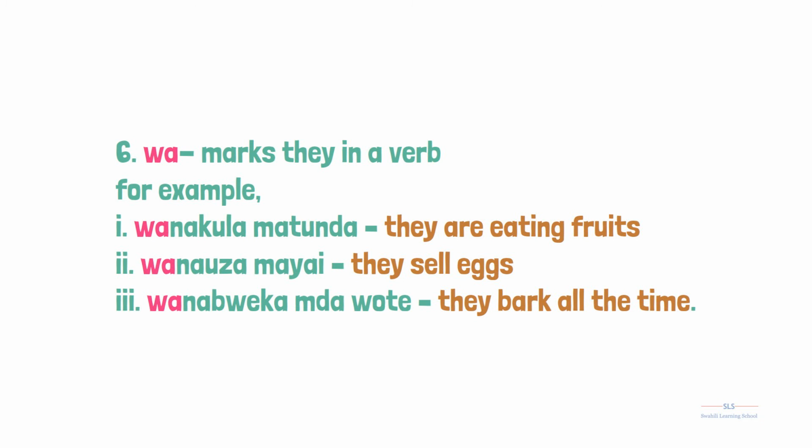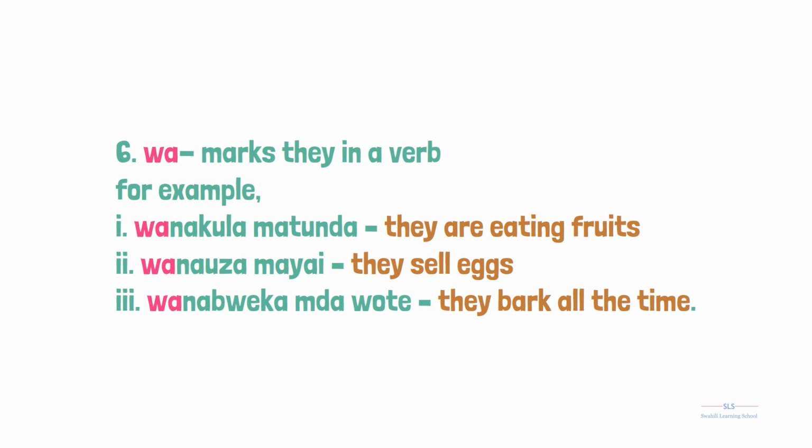So you see in Swahili, we have these prefixes which are attached to a verb. When I say prefix, I mean those morphemes which appear before the root of the verb.